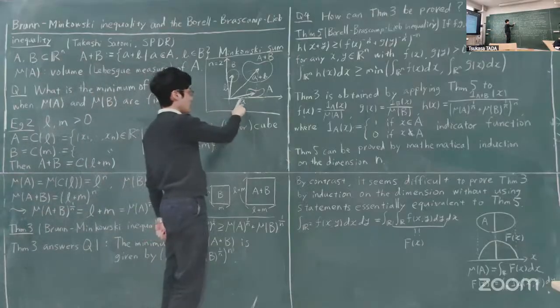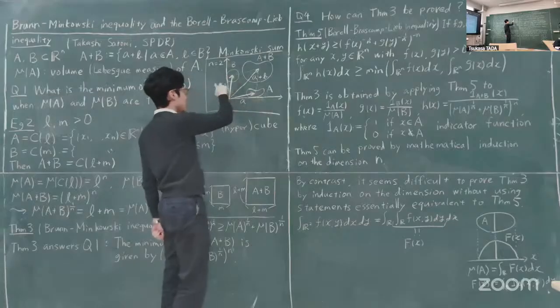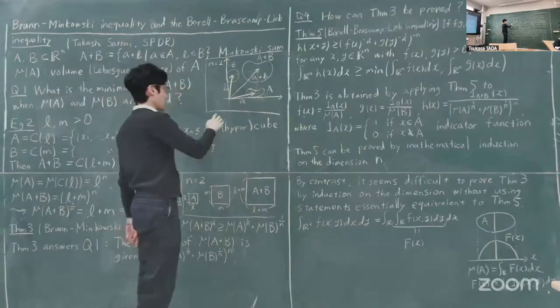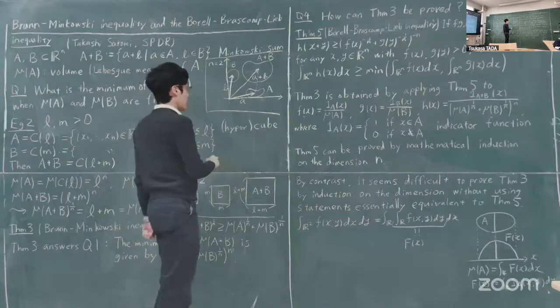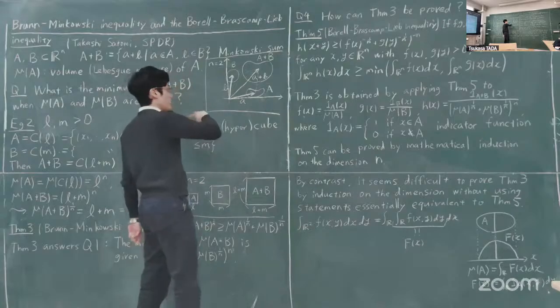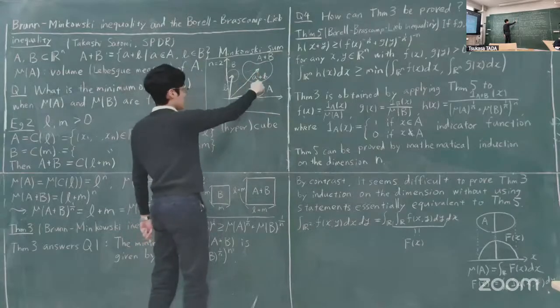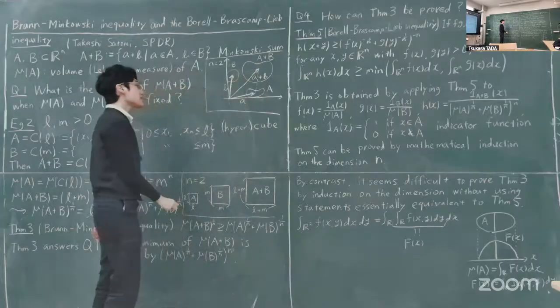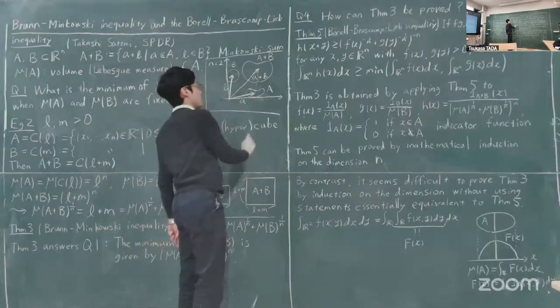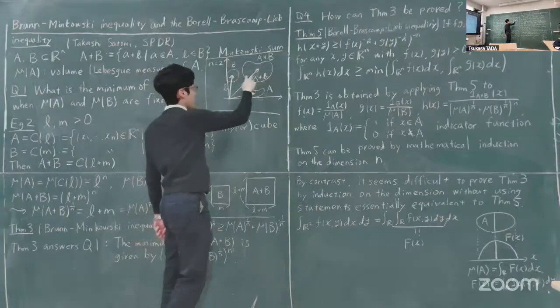If a belongs to A and b belongs to B, then the sum of a and b is given by the diagonal of this parallelogram. Then this point belongs to the Minkowski sum A plus B.